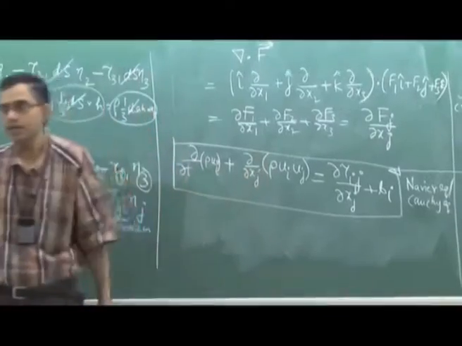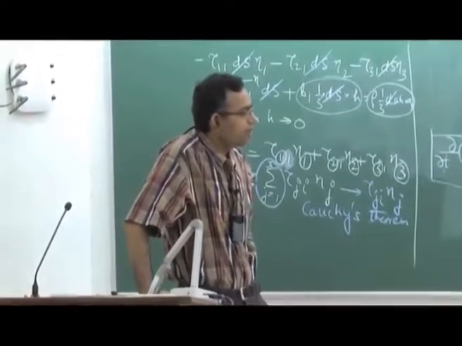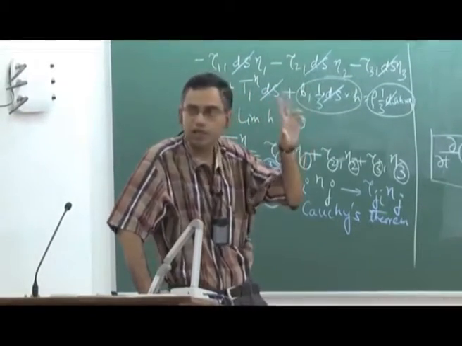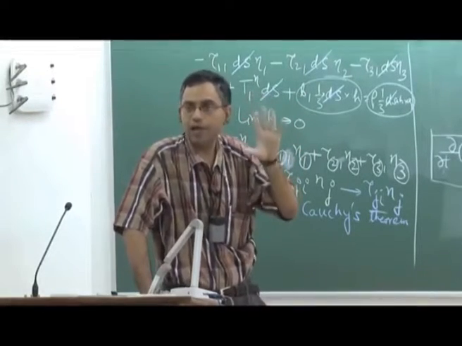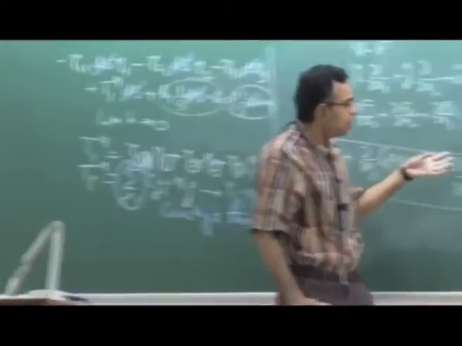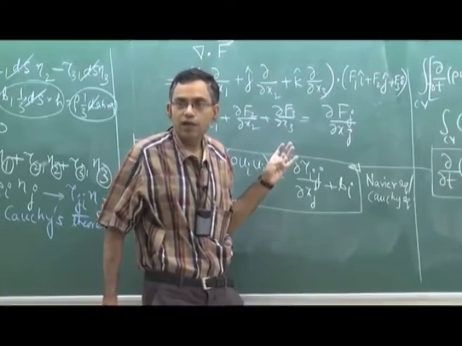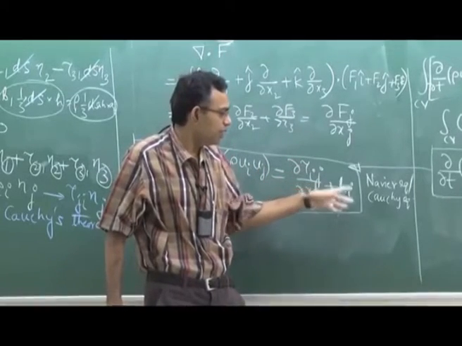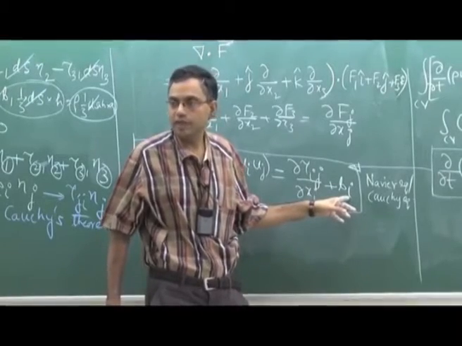But what are the assumptions that we have made? We had made 2 major assumptions. One is stationary control volume, another is non-deformable control volume, but both of them can be relaxed. Why can both of them be relaxed? Because if you are considering a non-stationary control volume and a deformable control volume, both of these can be manifested in terms of an extra body force that can be shown.